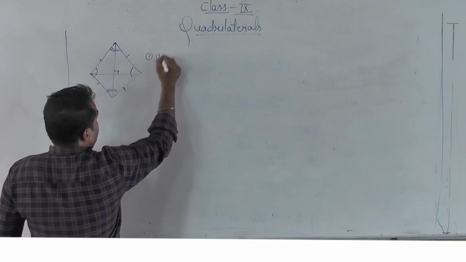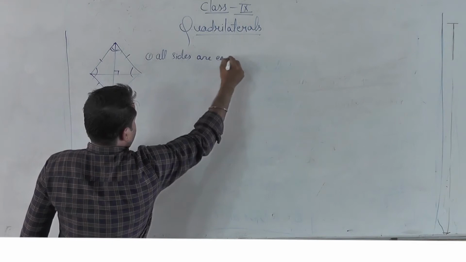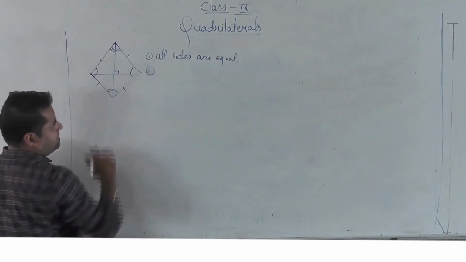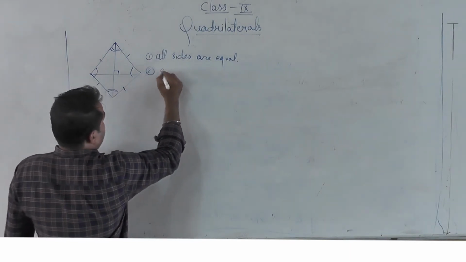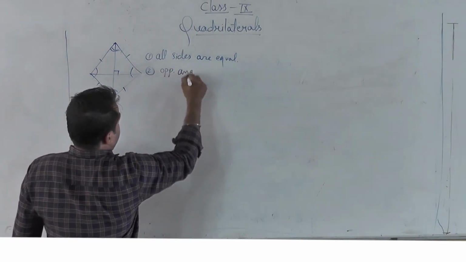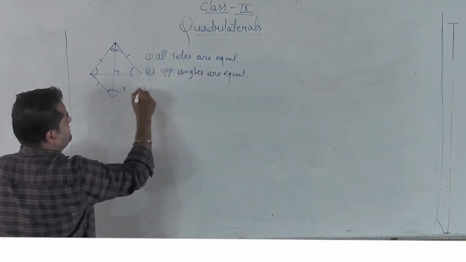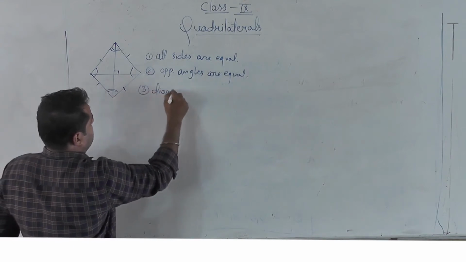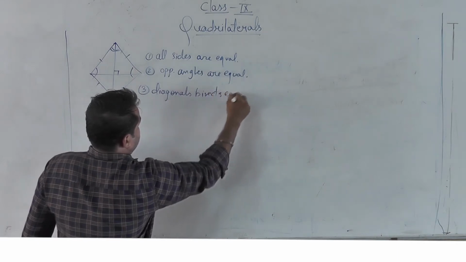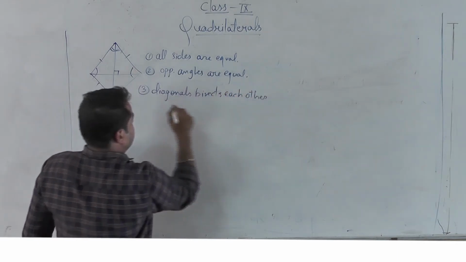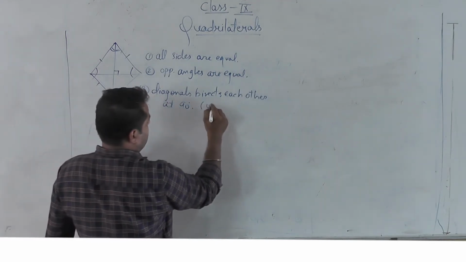So it is having properties: all sides equal and parallel as well, because it is also carrying the property of a parallelogram. Second, opposite angles are equal. The third thing is diagonals are bisecting each other at 90. And it is usual that diagonals are unequal.